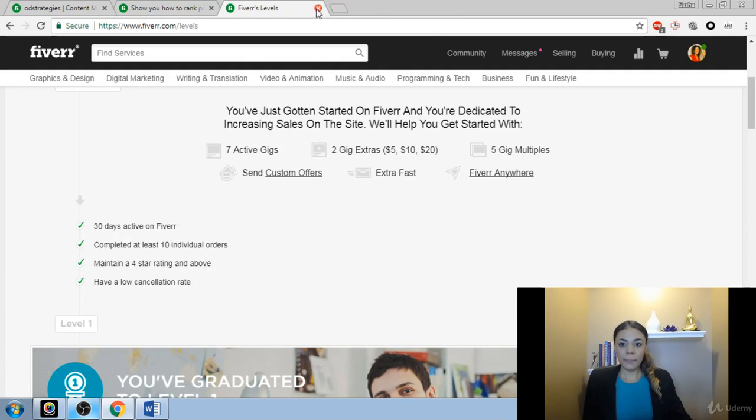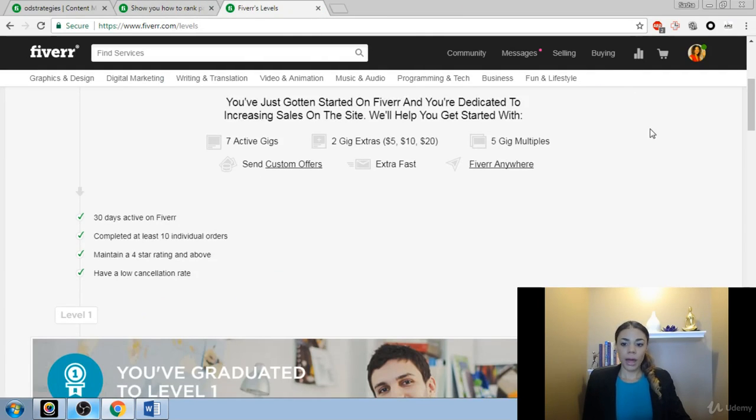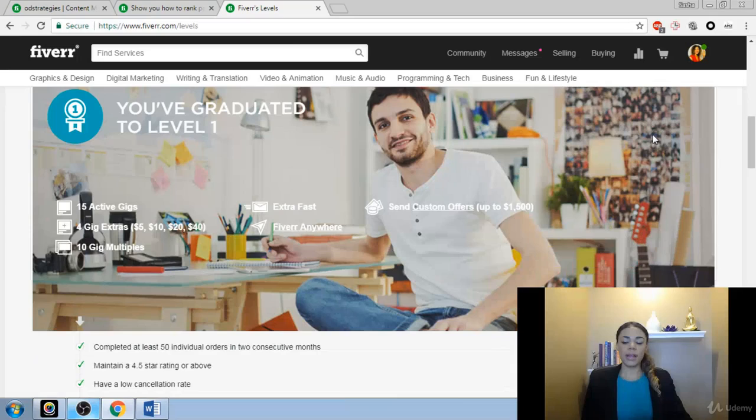So with that being said, let's quickly go over what the level 1, level 2 and top seller gig extras are. In level 1, you get to add 4 gig extras. You get a $10, a $20, and up to a $40 gig extra. So you get 3 gig extras because they're also including the basic gig here.